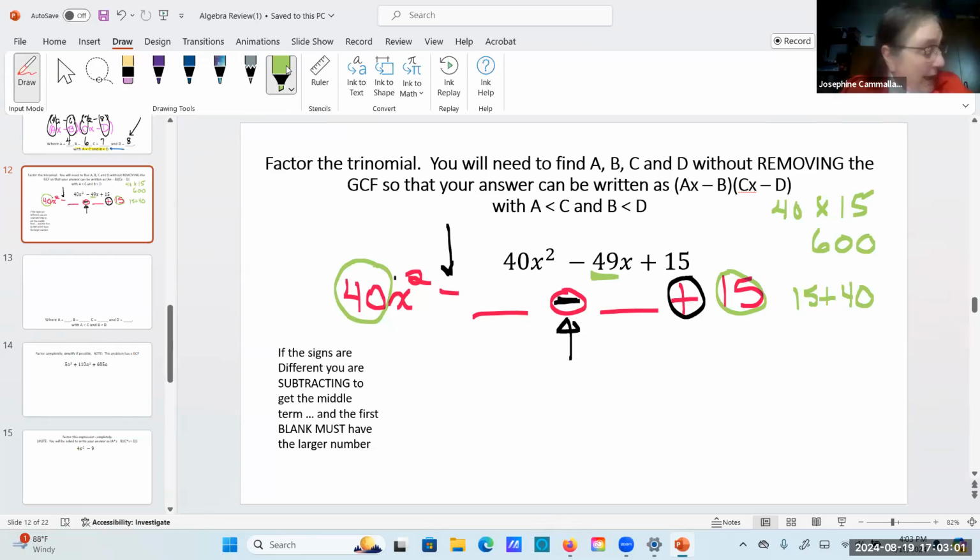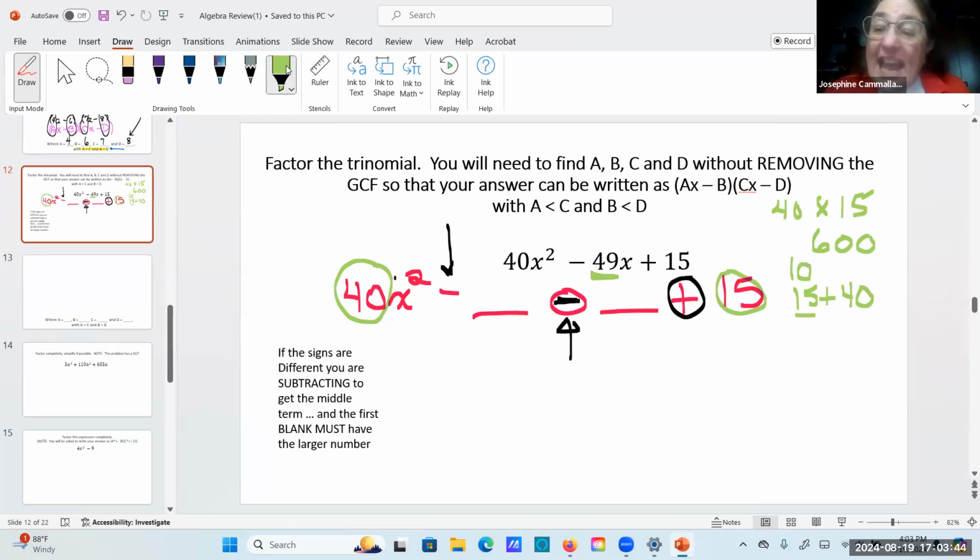Okay. Well, how am I going to figure what to use? Well, this 15 is 3 times 5. Well, let's make life a little easier. Let's go down to 10, which is 2 times 5.